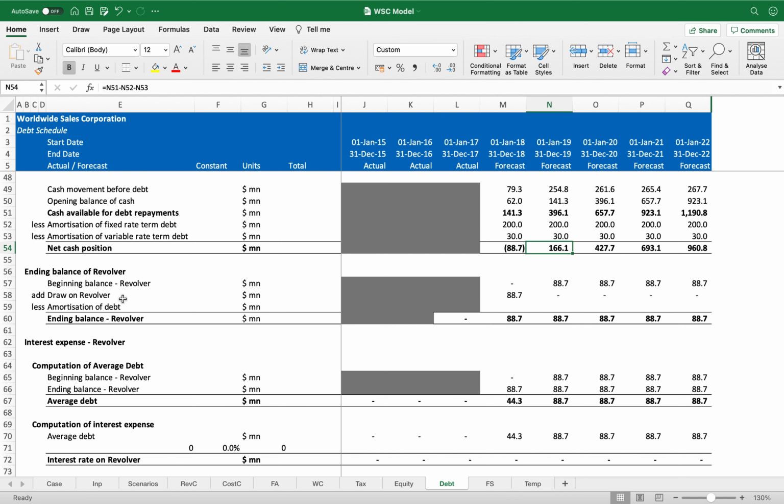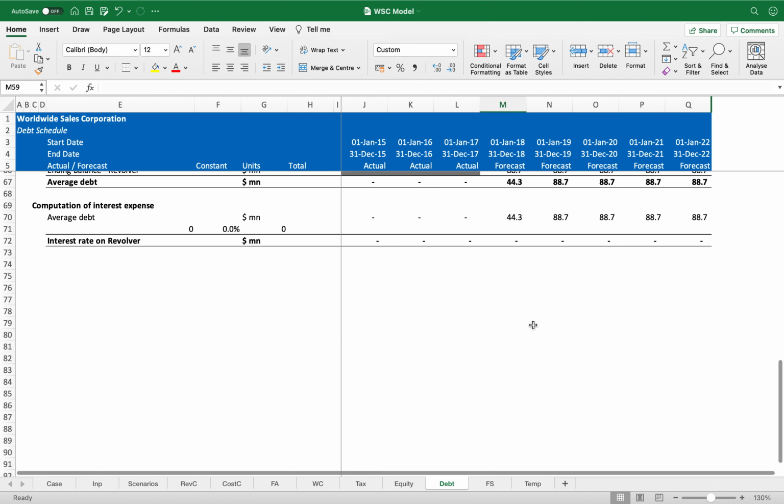So how will I repay the revolver? I will say, if the net cash position is greater than 0. If it is less than 0, I draw on the revolver. If it is greater than 0, then how much will you pay? Okay, let me just explain this and then we'll build the formula.